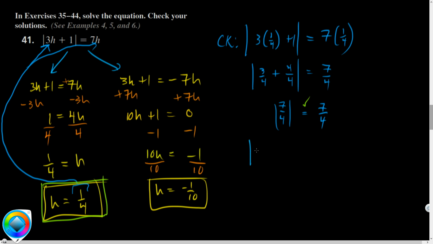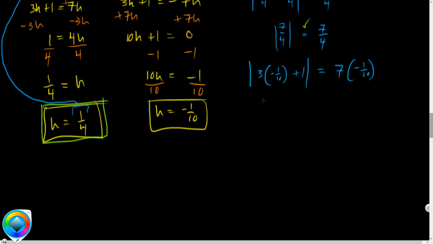Yeah, so I'll plug in negative 1/10. So 3 times negative 1/10, plus 1 equals 7 times negative 1/10. Let's see if this one verifies. So this is going to be negative 3/10 plus, how could I convert 1 to tenths? 10/10? I think so. 10/10 equals negative 7/10.